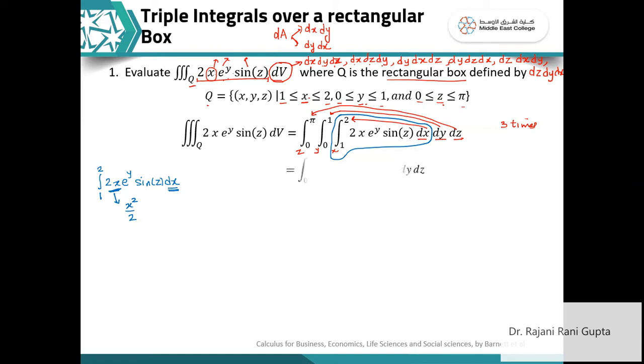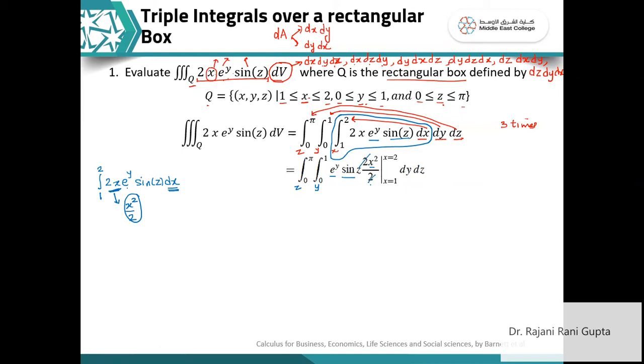So the integral will become, this outer integral is the same for z and y. This is for z, this is for y. Inside, e^y is a constant, kept the same. Sine of z is a constant, kept the same. Now in place of x, the integral is x squared by 2, and this 2 is already there, so we cancel it.